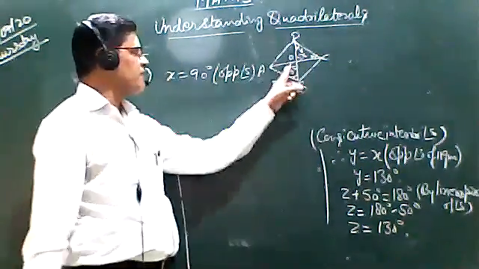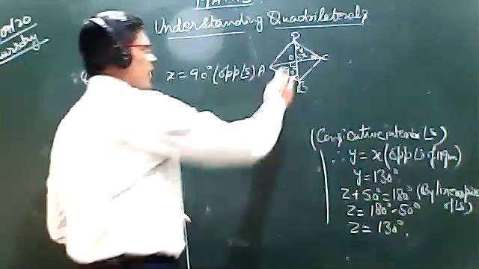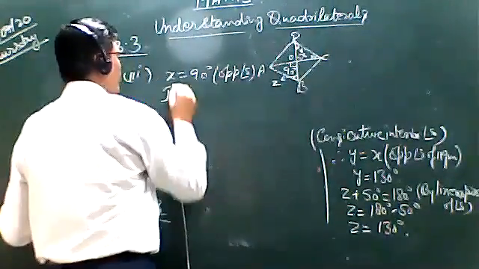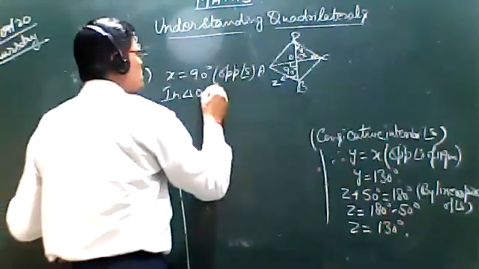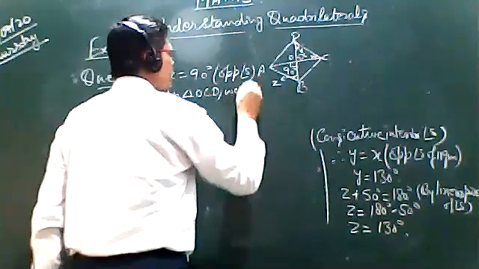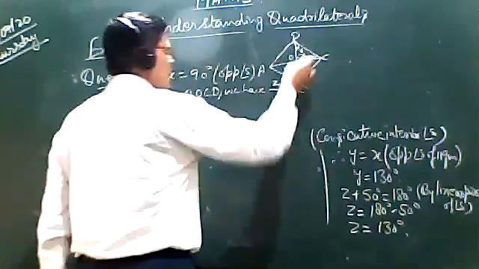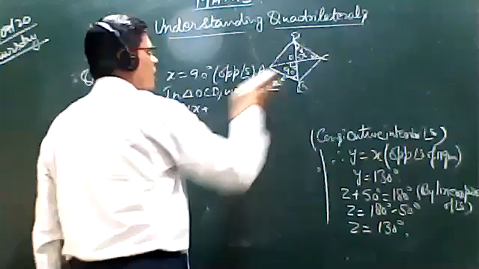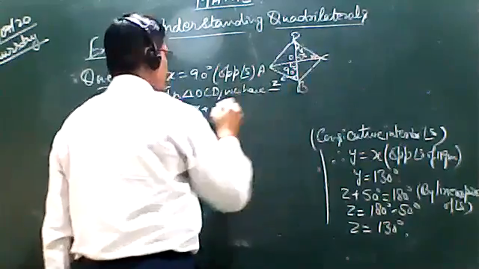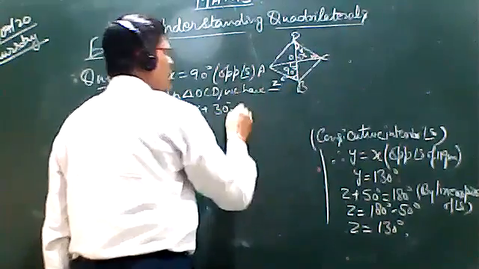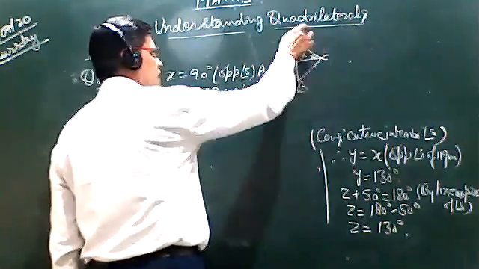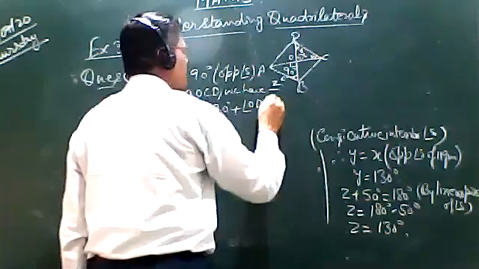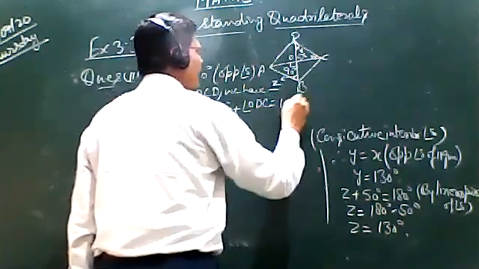Therefore, angle x is 90 degrees. Now in triangle OCD, we know angle x plus angle 30 plus angle ODC is equal to 180 degrees.